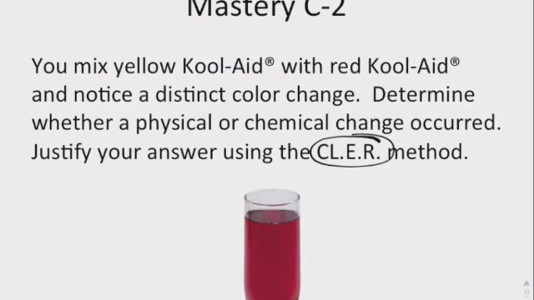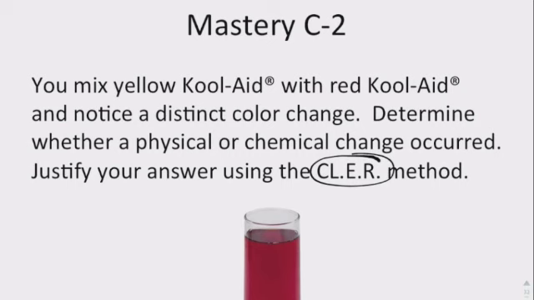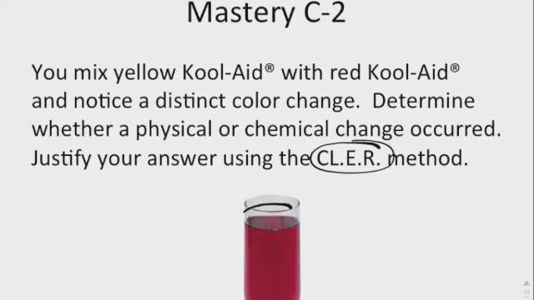Mixing two different Kool-Aids does not result in a different substance. Yes, we do have a color change here. So it might seem like evidence for a chemical change, but remember, when we put those two things together, it's just because those two colors mixed.